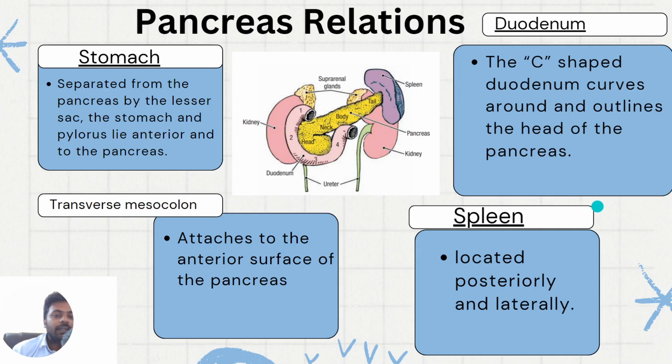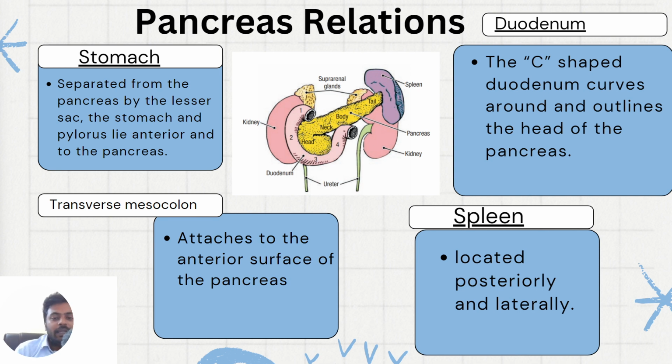Pancreas relations within the abdomen. The pancreas has direct anatomical relations to several organs in the abdomen. These are the stomach. You can see in the image, the stomach is separated from the pancreas by the lesser sac. The stomach and the pylorus lie anterior to the pancreas. And the C-shaped duodenum curves around and outlines the head of the pancreas.